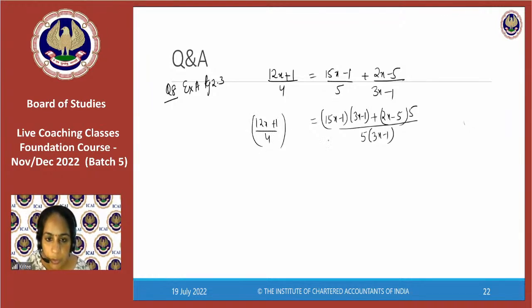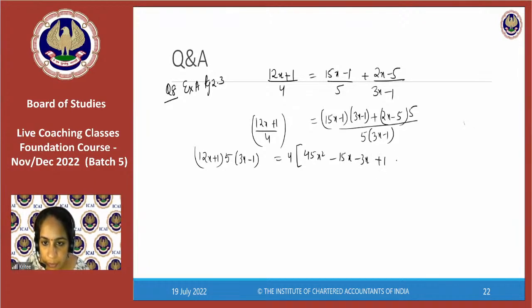Cross multiply: 12x plus 1 into 5 into 3x minus 1 is equal to 4 times, start opening this bracket, 45x square minus 15x minus 3x plus 1 plus 10x minus 25. See, I told you this is my way of doing it.